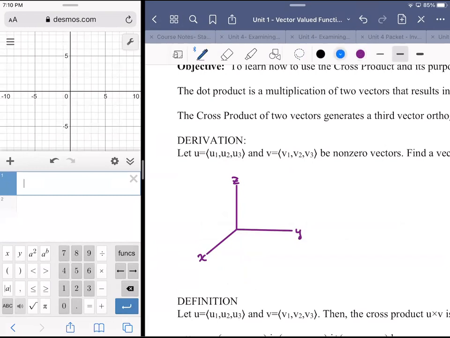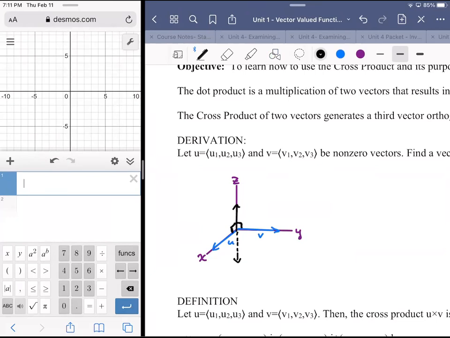Because if we have the U vector on X and the V vector on Y, then the W vector would necessarily have to be either Z, or negative Z. We'd have the perpendicular relationship here, and we'd also have the perpendicular relationship here.